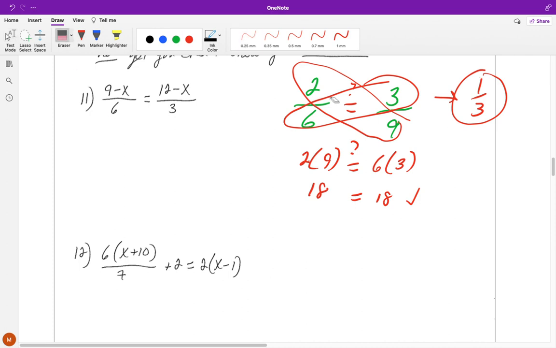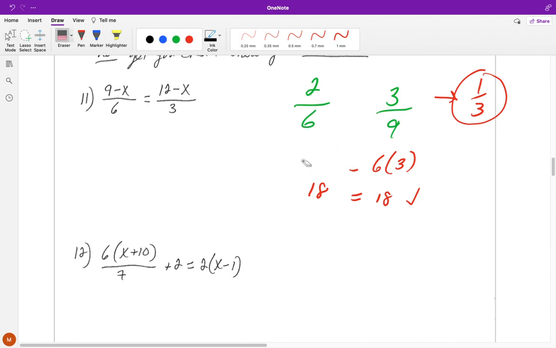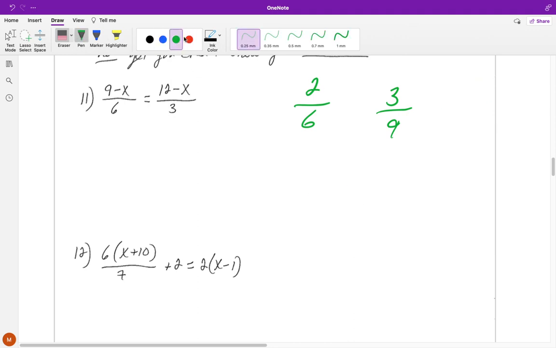So one of the things, though, is if instead of asking if they're equal, which is what we did in this problem, I tell you they're equal. So I say that 2 over 6 is equal to 3 over 9, we know 100% their cross products are going to be equal. So then if I remove this 3 and say, well, I don't know what that numerator is, we know that since they're equal, their cross products are going to be equal.